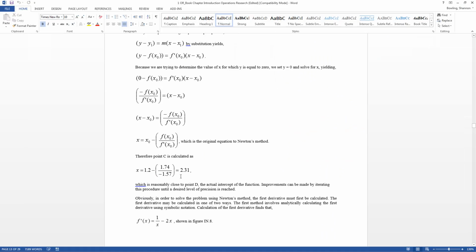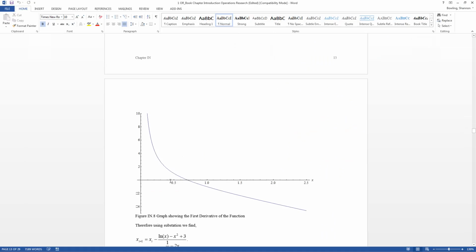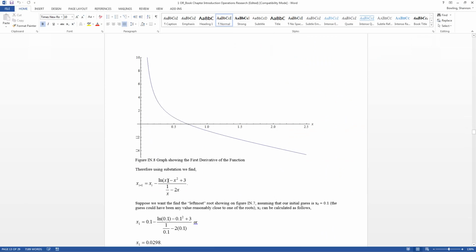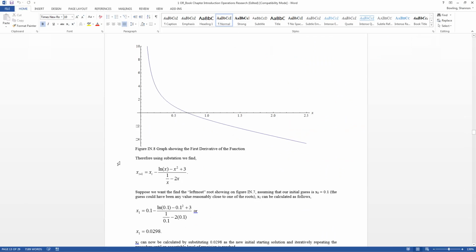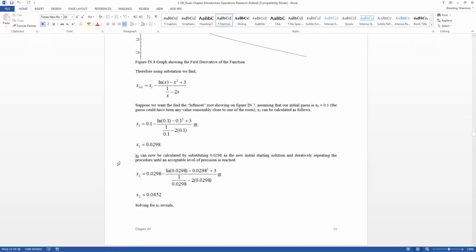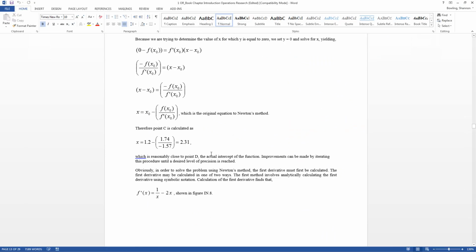Then you just plug in 2.3 and start over again, and when you do that, you can see that it is approximately equal to where the graph crosses the axis.